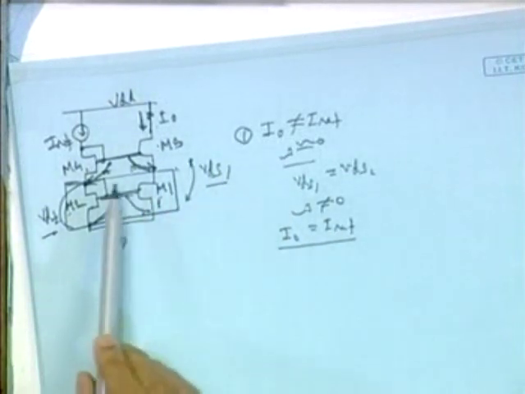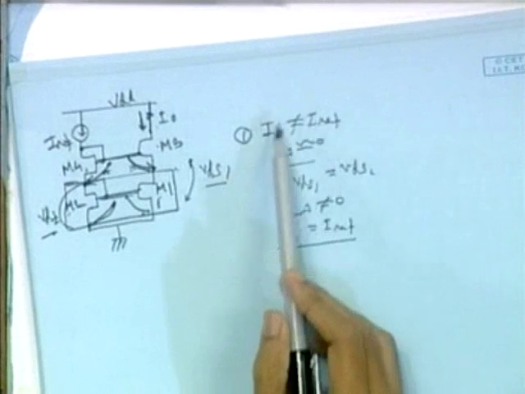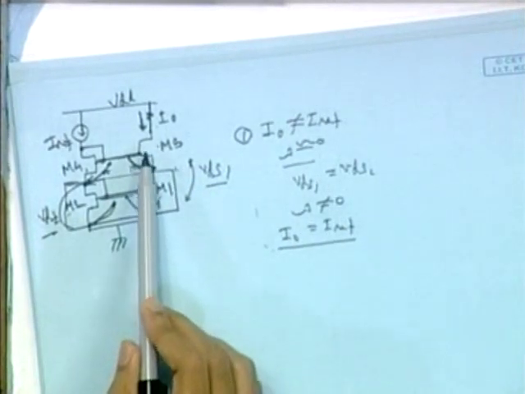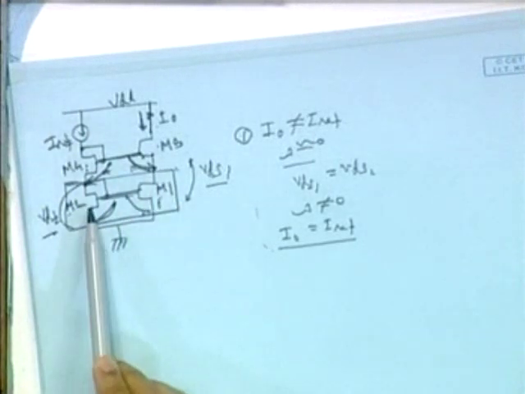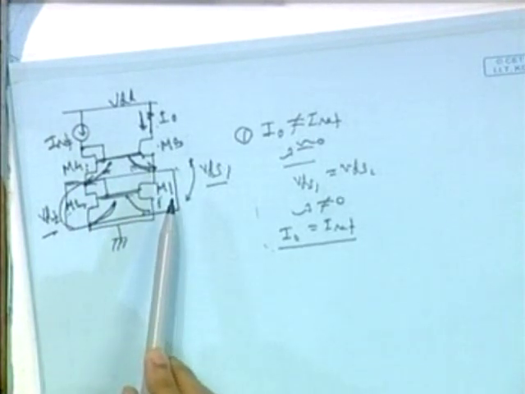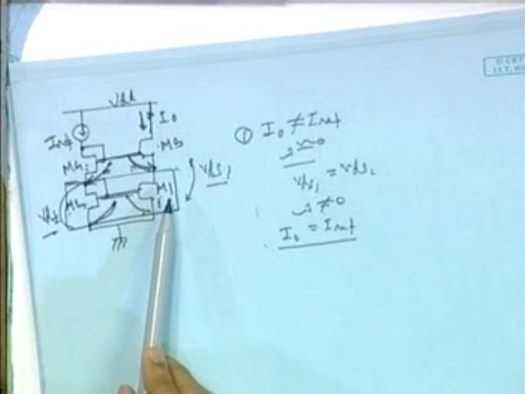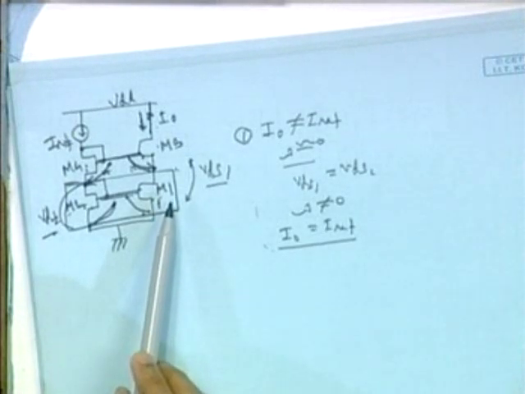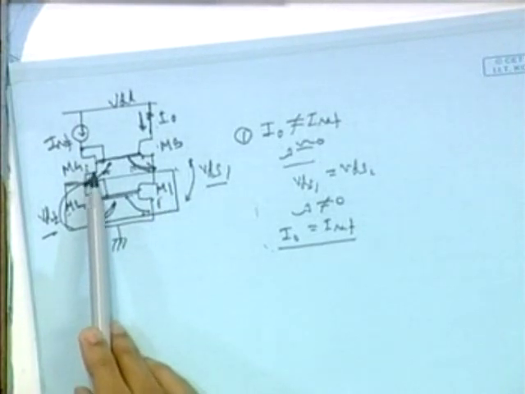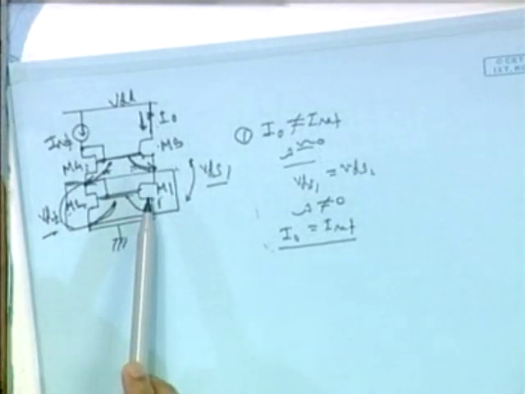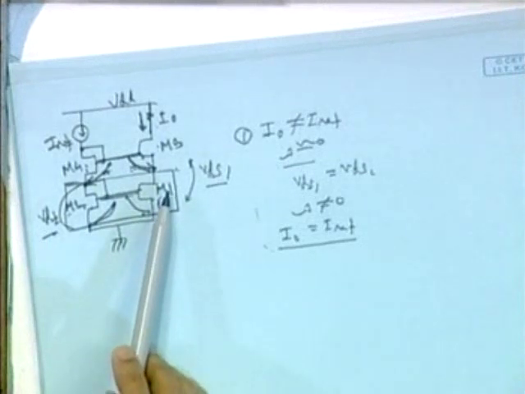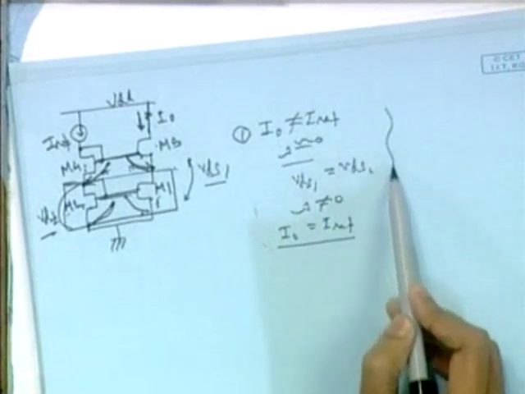It assumes that lambda for M3 and M4 is 0, while lambda for M2 and M1 is not 0. But that should not be the case. When we assume a finite lambda, we have to assume that all 4 transistors have the same non-zero lambda. So this is the catch of this logic.